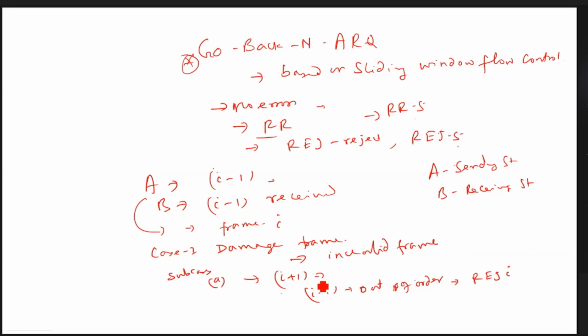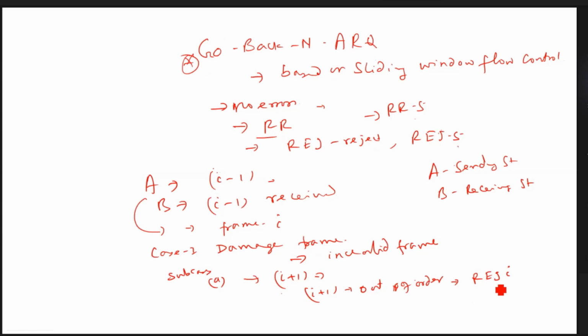So when B sees the frame is out of order, it will send the negative acknowledgement REJ, within the time interval.